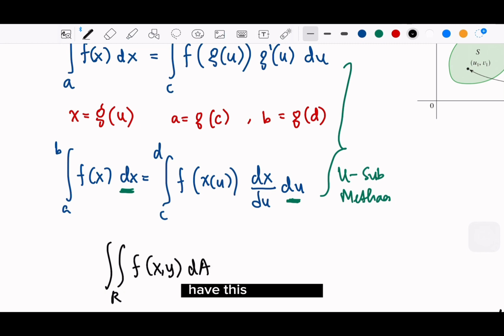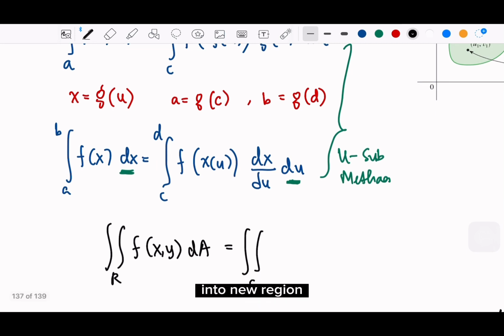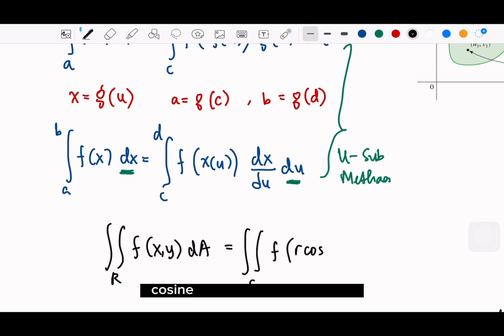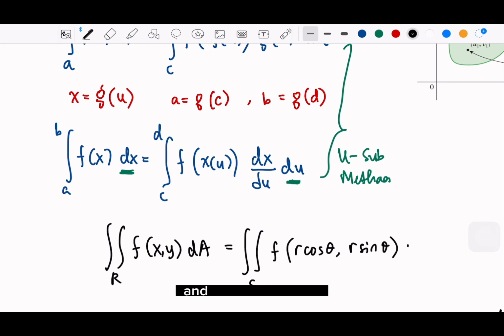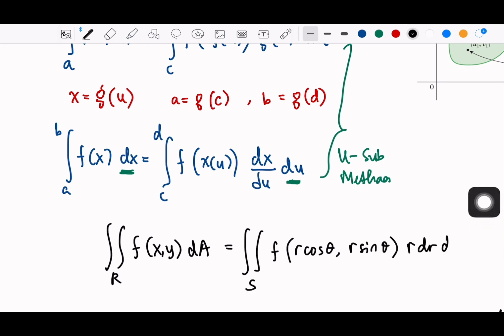We have this in general, and then we write it into the new region, and change x with r cosine theta and y with r sine theta, and in this we have r dr and d theta.